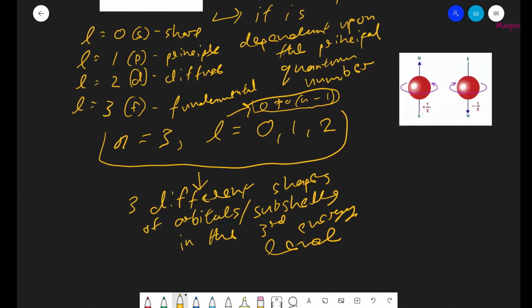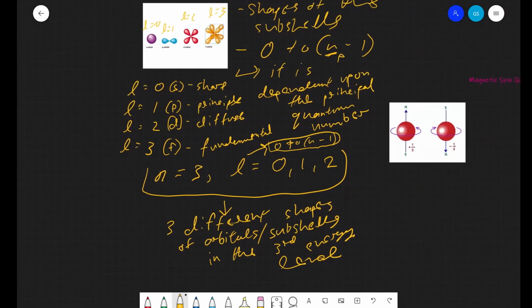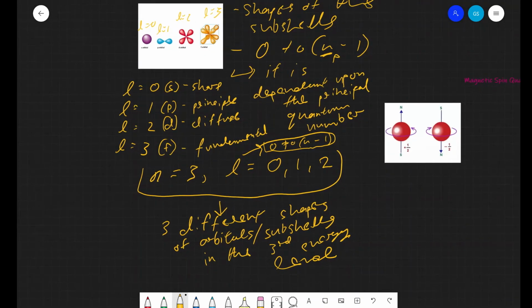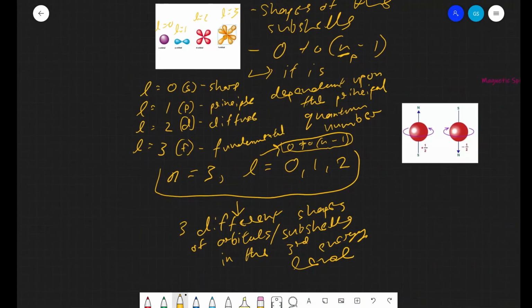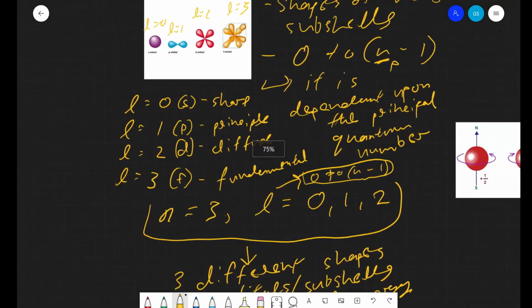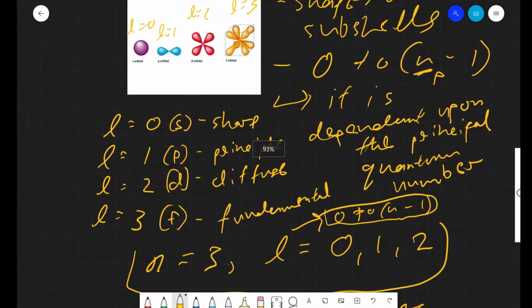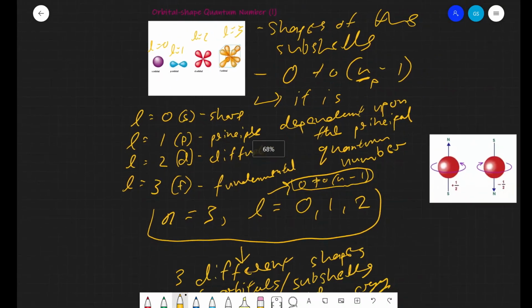And that's pretty much it. So that's the orbital shape quantum number. It basically allows you to define the shape of the subshell. And as I mentioned earlier, it gets more complex as L, the orbital shape quantum number, increases.